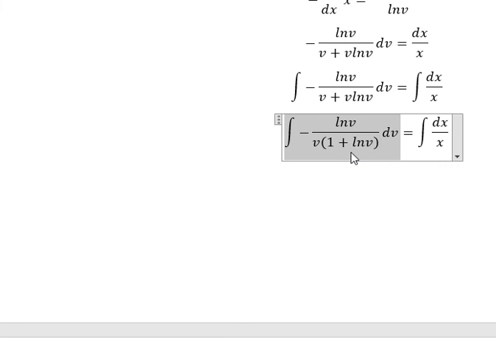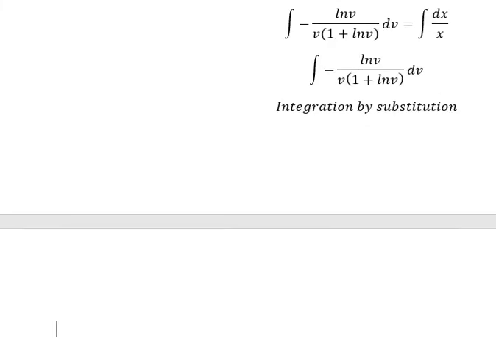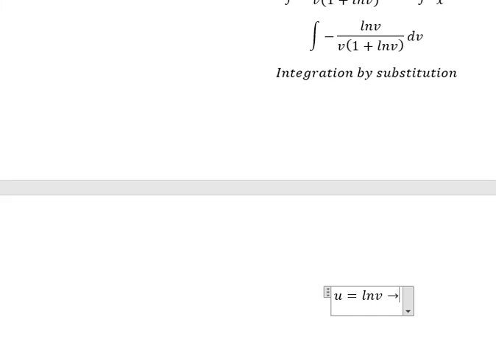Now we concentrate about this one. So we can use about integration by substitution. So I will put u equals to ln(v). Later, we do first the derivative for both sides.